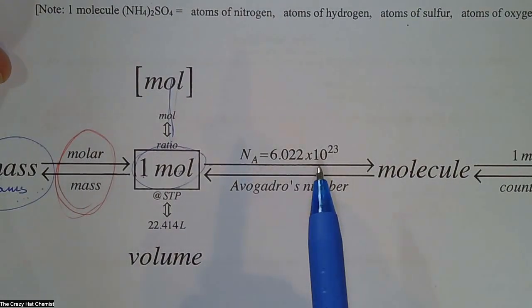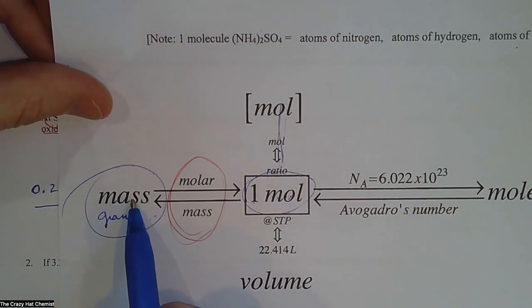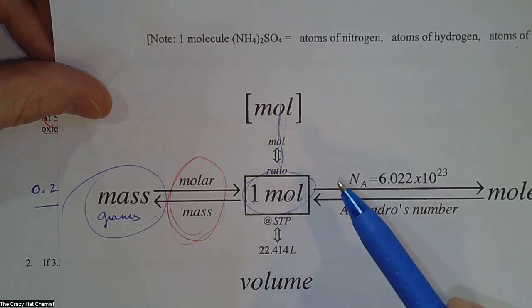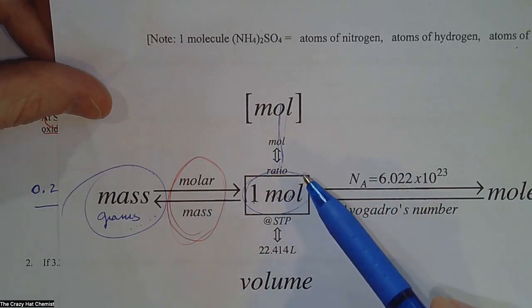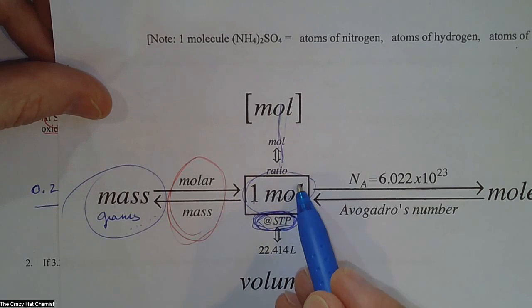But I don't want to do that. I could go from moles to mass, and that would be going to the left on this flow chart, but the question is actually asking how many liters at STP. So at STP conditions, and it must be STP, 1 mole is equal to 22.414 liters.